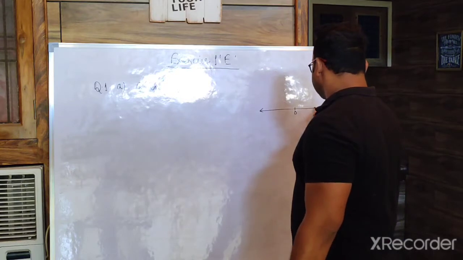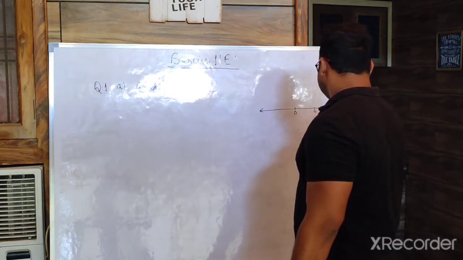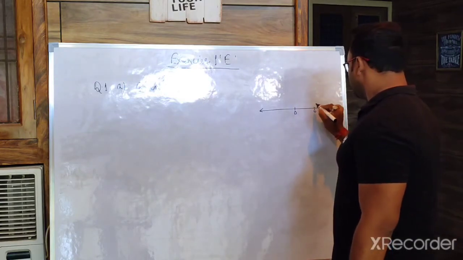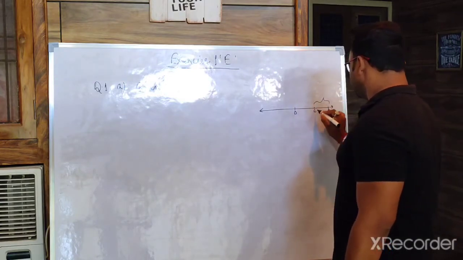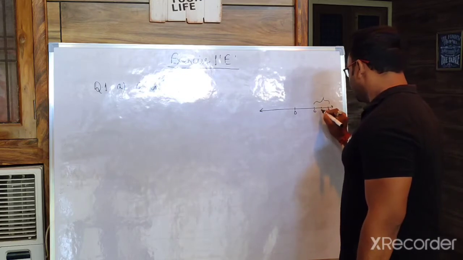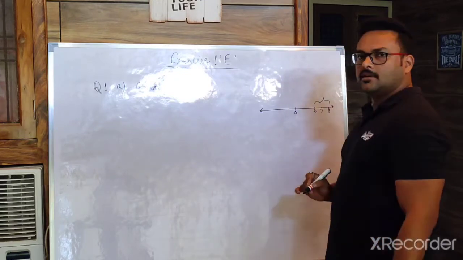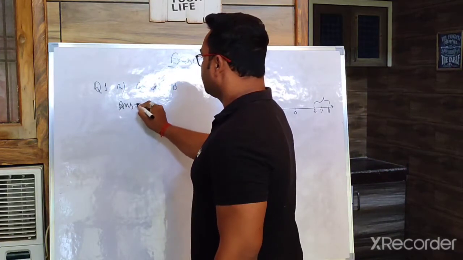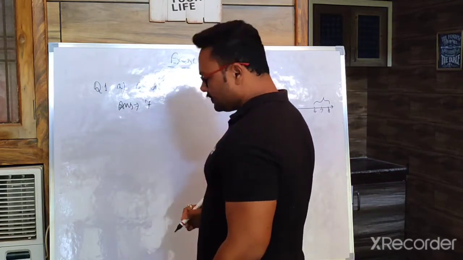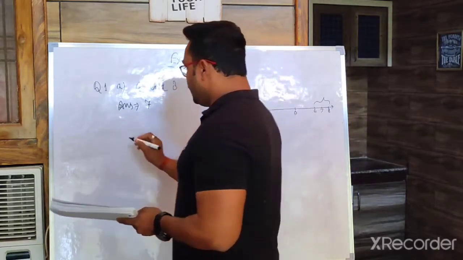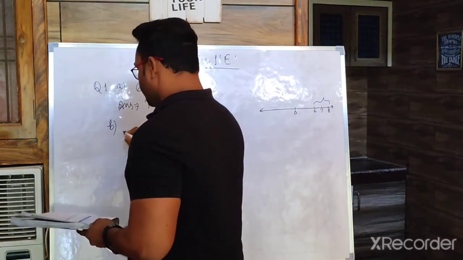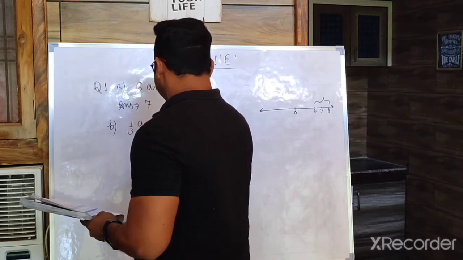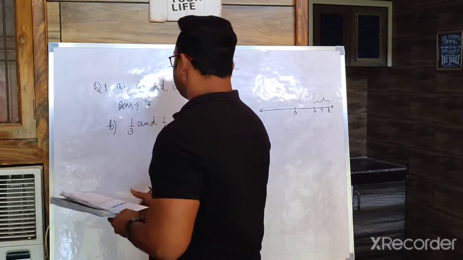Here somewhere it is 6 and here it is 8. So we have to find one rational number between these two, 6 and 8. And what comes between 6 and 8? 7. So the answer you can write is 7.